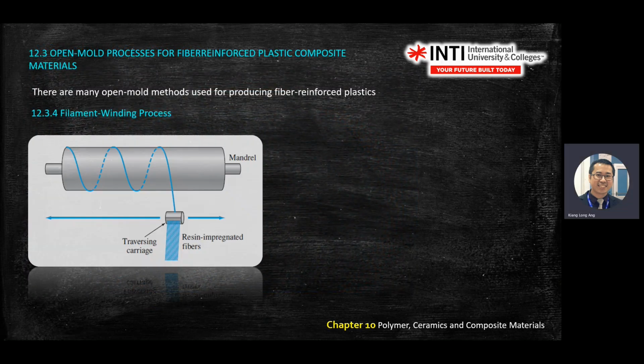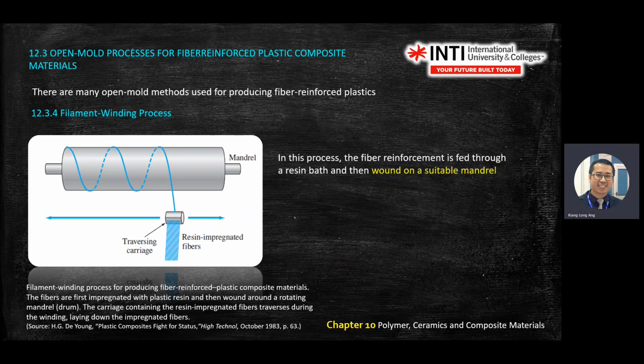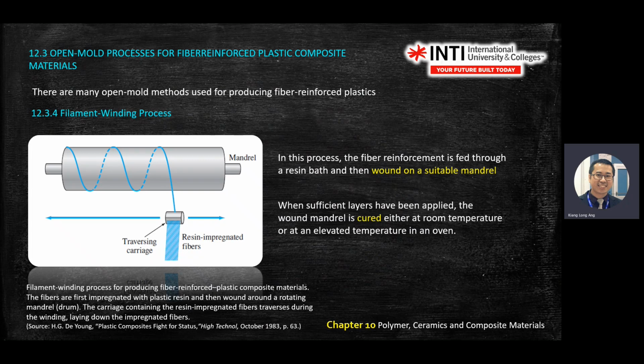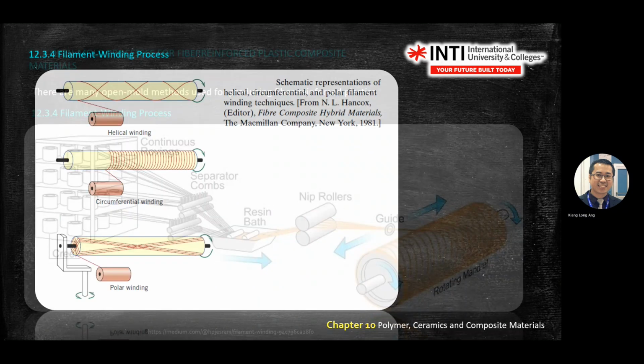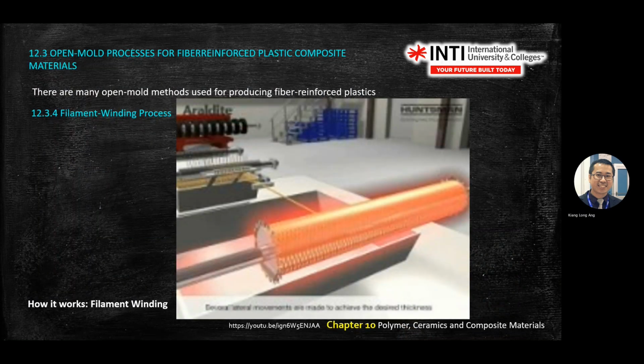Okay, another one is filament winding. This one is very common nowadays. We use a machine to rotate the thing, right? Filament winding, this is more industrial. Nowadays, you get all these processes. Okay, something like this.